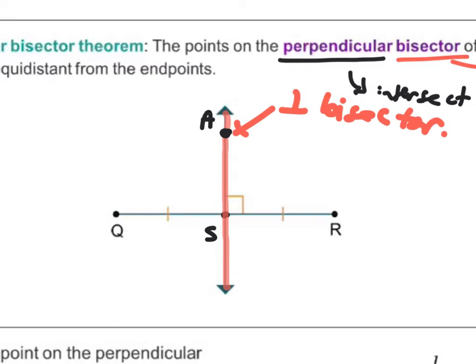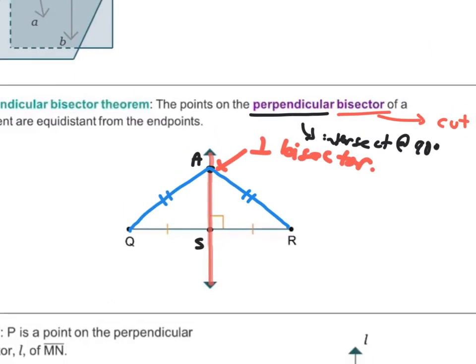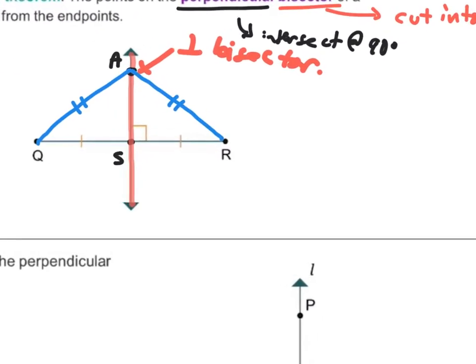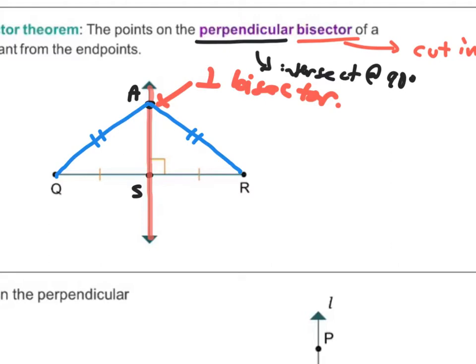And if I were to connect point A to point Q, then I know that that would be equidistant from A to R. And I could say that these two segments are congruent, okay? And so if AS is a perpendicular bisector, then what I can say is that AQ would be congruent to AR, okay?